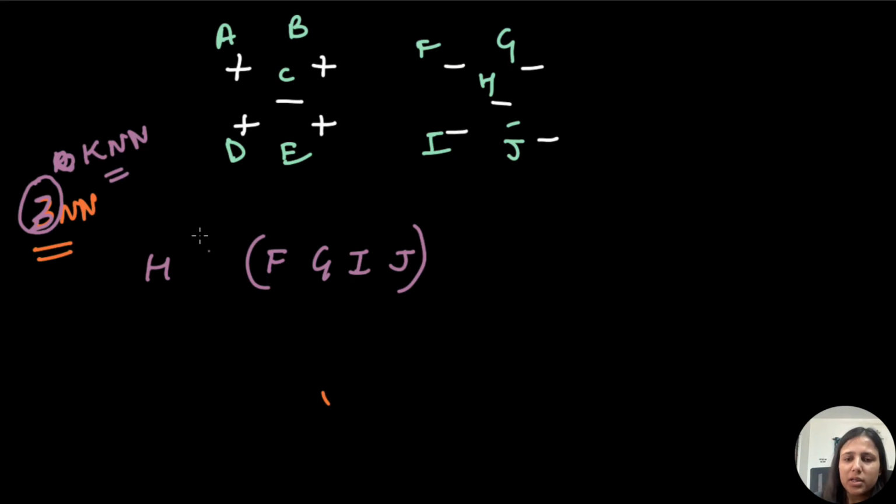Otherwise, you can take the max vote of all the 4. So this is negative, negative, negative, negative, and this will be a negatively labeled data point. So these are all classified correctly.